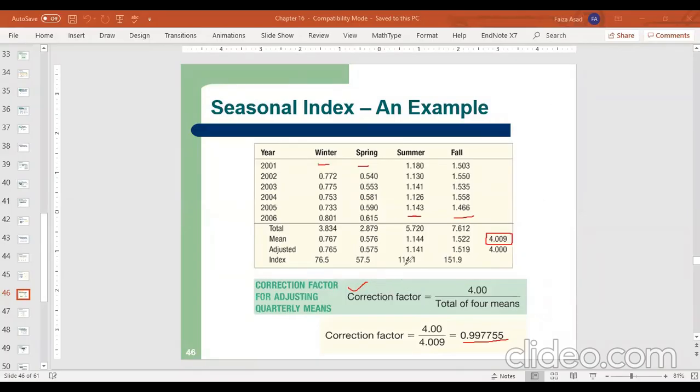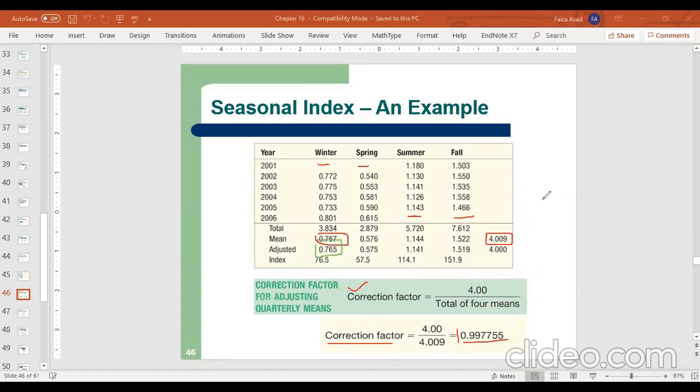The total of the means is 4.009. So we will put the values into this correction factor, and we will get 0.997755. After that, we will multiply this value with these means one by one, and we will get the adjusted mean.